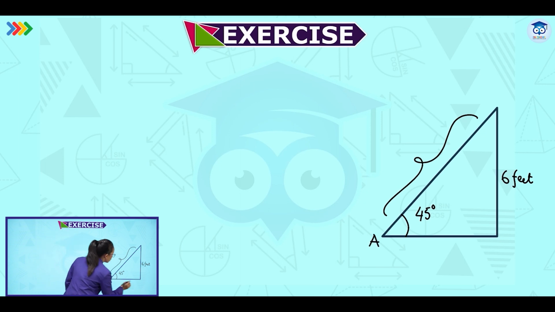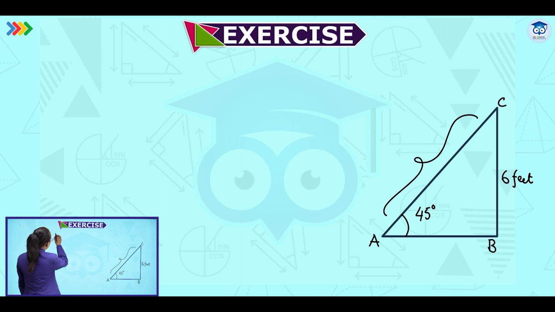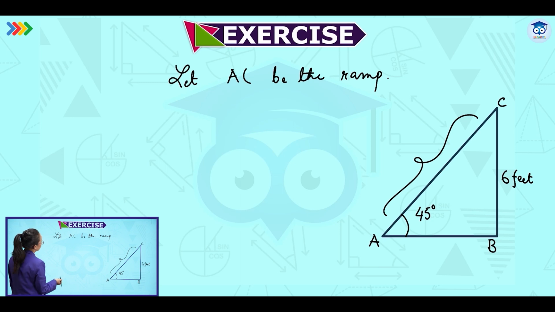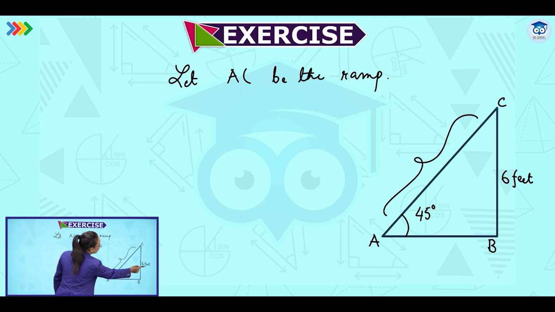So we can start with ABC. So we have to always write the let part, okay. So let AC be the ramp. Now we have the angle. So we are going to find AC. So we have this 6 feet, which is nothing but the opposite of 45, right.